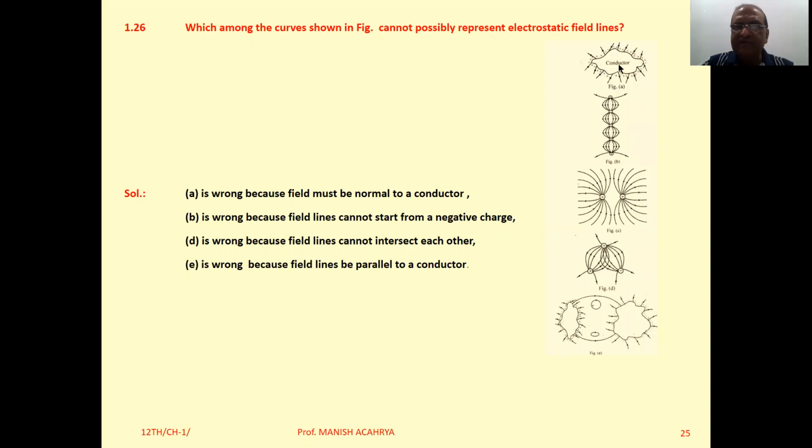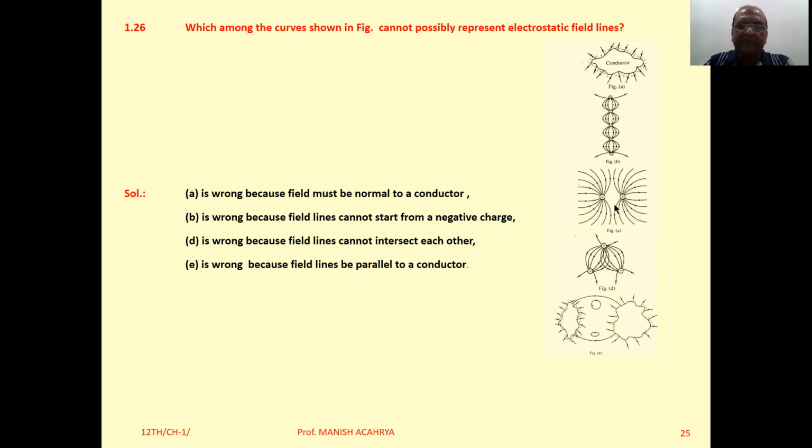So first one is wrong one, then second one. So we know this thing, electric field lines never come out from the negative charge. Here it is represented coming out from the negative charge. So second one is also wrong one, means figure B is wrong one.